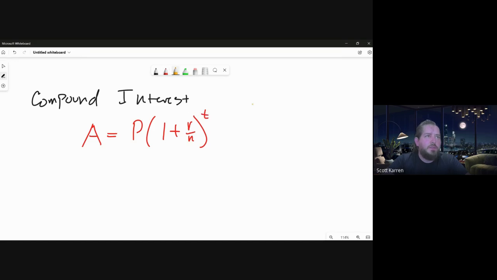Okay. So the A is a function of time. It's the amount in the account after t years.